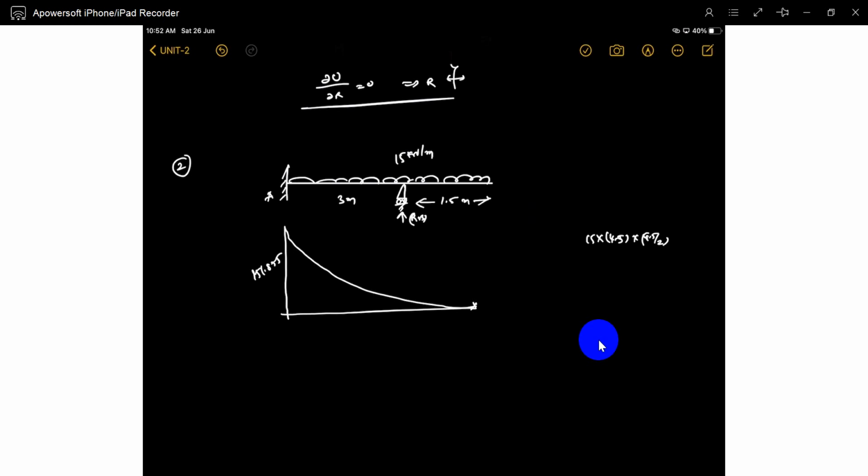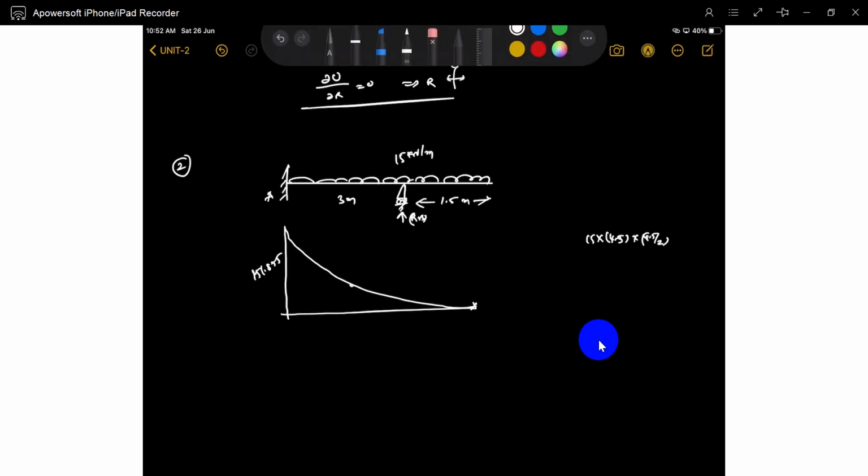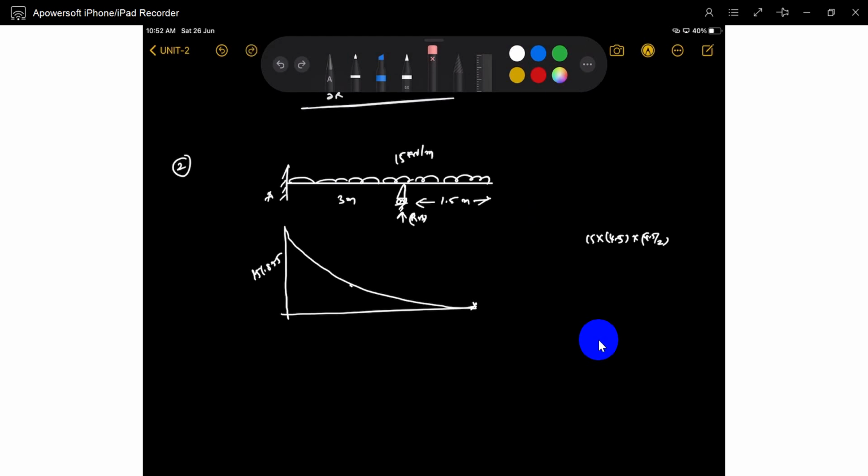So you want to find out at this location, something 1.5. If you choose another point A, you find the moment of this total area with respect to this point, divided by EI, then only you get the deflection.